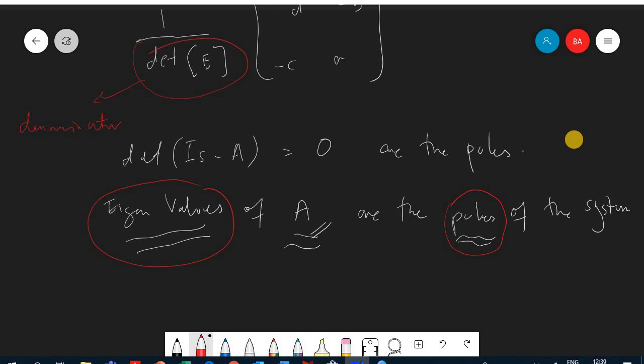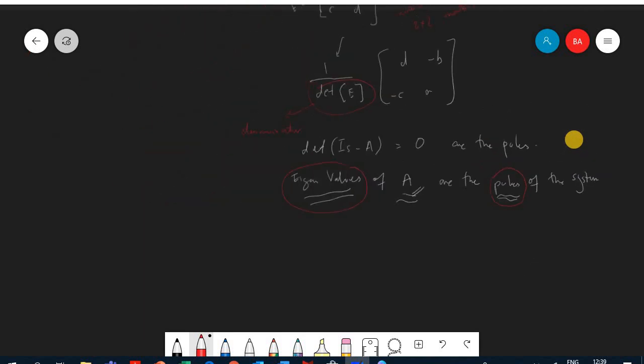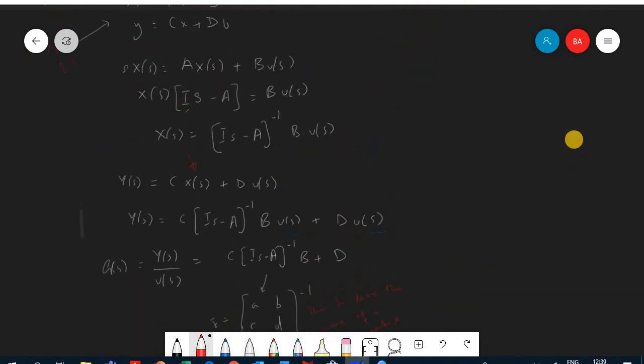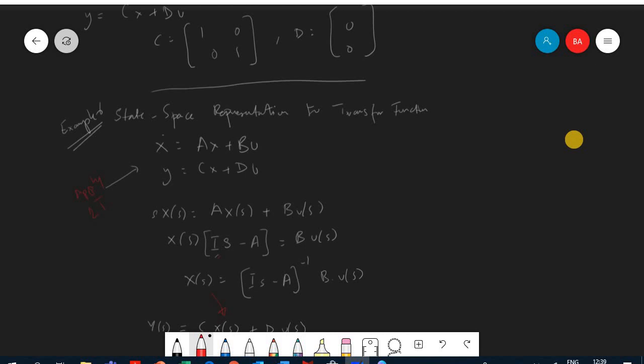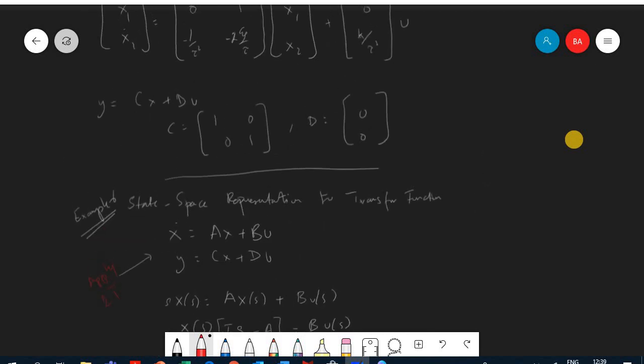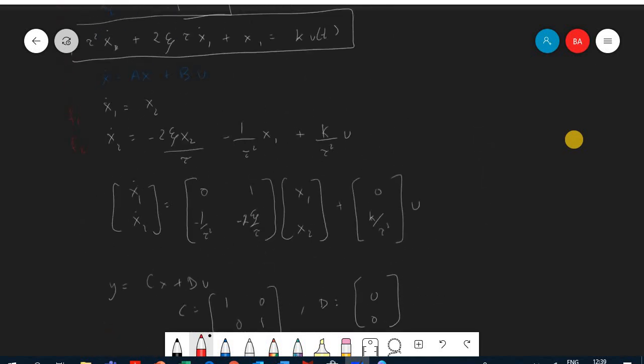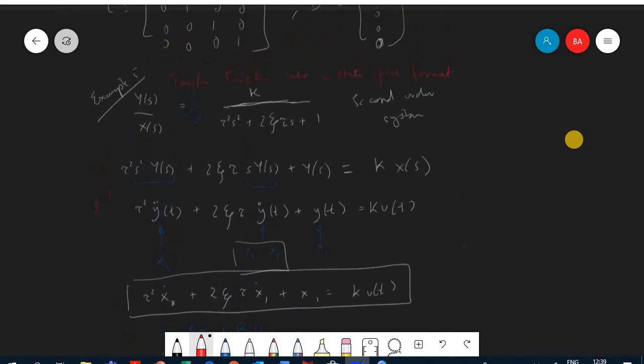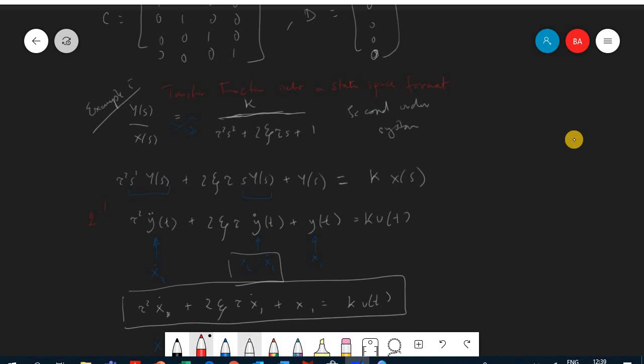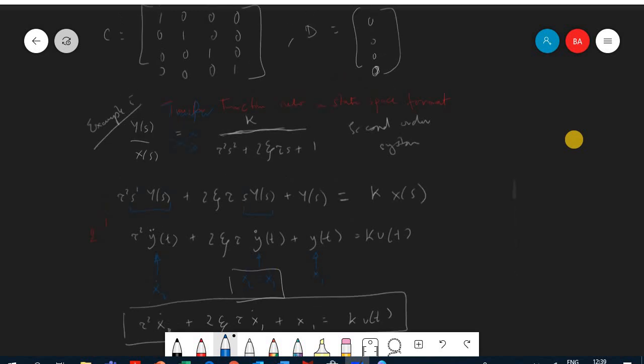Great. So this is all about the state space modeling. We have taken many examples. The main examples are the ones which are reflected in industry. You need to know how to shift from state space to transfer function, at least as knowledge. But definitely you need to know how to shift from a transfer function into a state space format.